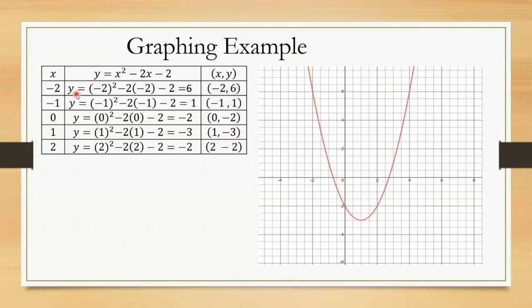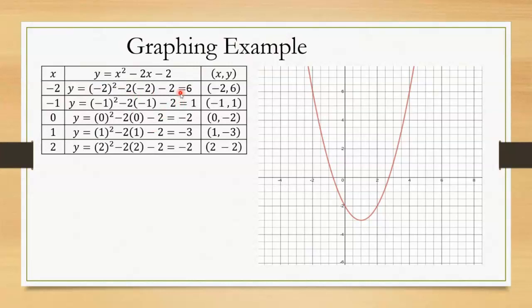So the x values I chose, well, maybe not randomly, but I chose them. On a test or quiz, I would give you the x values, and you would have to fill out the rest of the table.